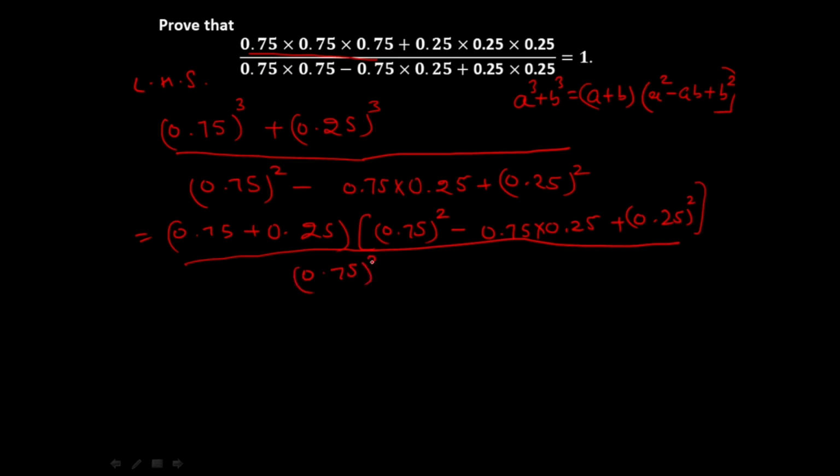Don't calculate this one, because if you calculate this one, the answer will get more complicated. So the best way is to just keep it as it is. Let's see what happens.